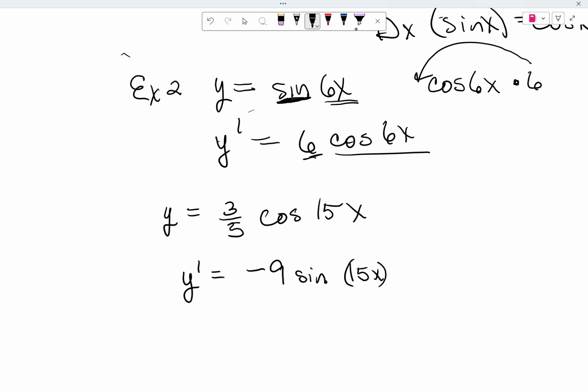Because remember, you take this number and multiply it out here. In this case, because you have a 3/5, 5 goes into 15 3 times, so 3 times 3 is 9. The derivative of cosine is negative sine, hence -9 sine of the same 15x again.